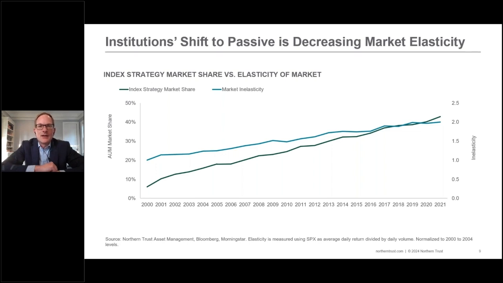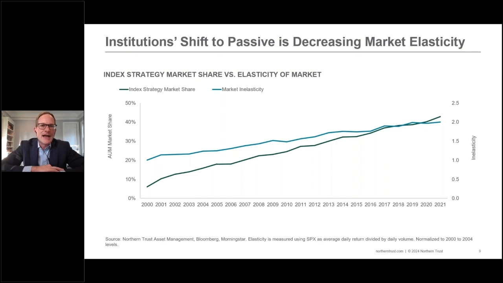Now, we've talked a lot as an industry over the years about the institutional shift from active to passive investing. On this chart, if you look at the gray line, you can see the percentage of passive market share for institutional investors went from about 5% in 2000. It's now more than 50%.